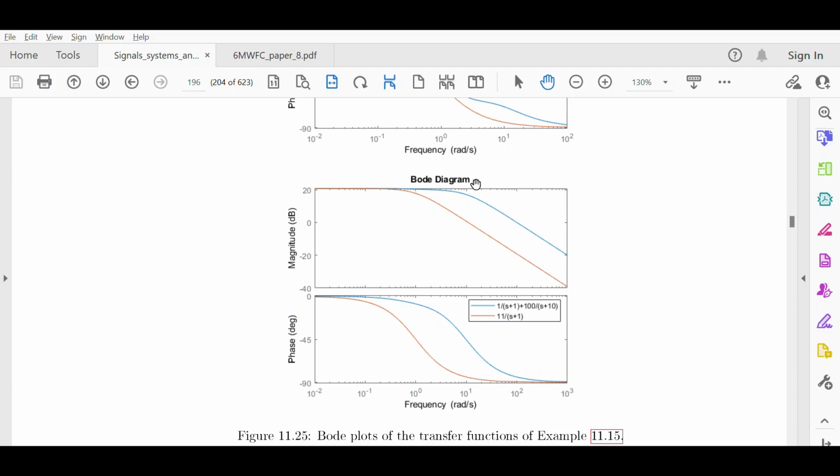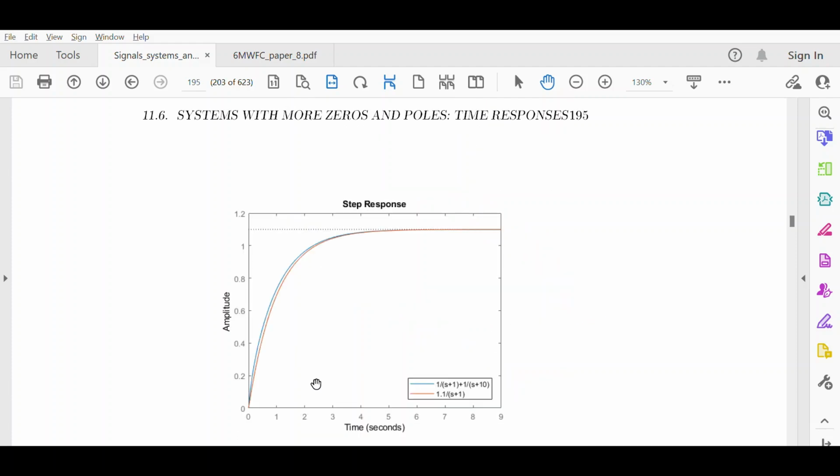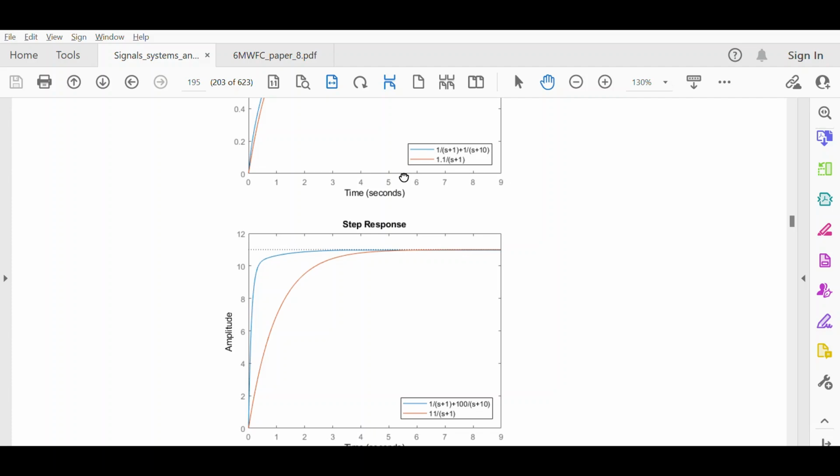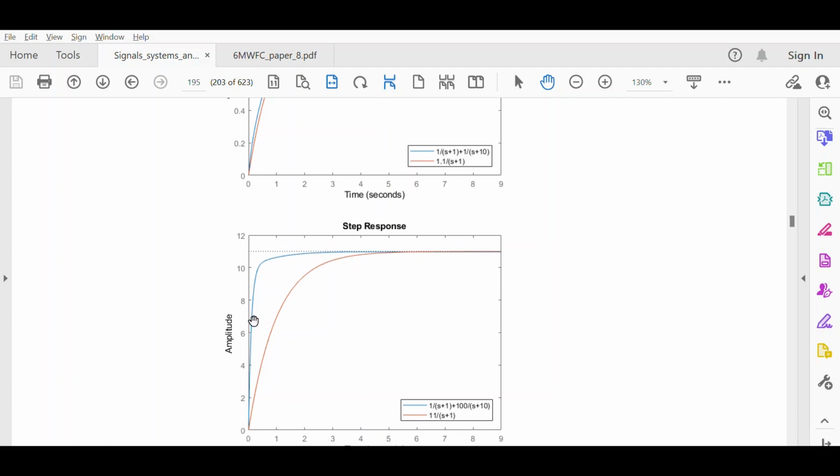The gain only starts going down significantly at 10 radians per second, and the phase changes mostly in the 2 decades around 10 radians per second. That is why the first of these two transfer functions has a response which is dominated by the pole at minus 1, as you can see from this comparison here. The second is much faster.